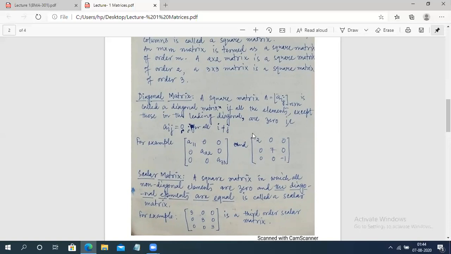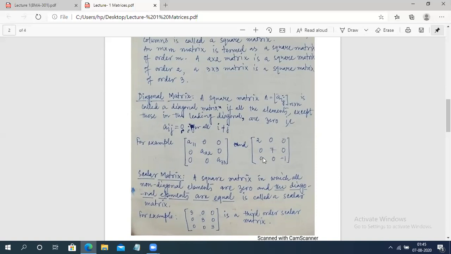So this is a diagonal matrix in which all non-diagonal elements are 0. These are called the non-diagonal elements, and this is called the principal diagonal or leading diagonal elements. Diagonal elements are considered in this way only. These are not the diagonal elements, although this is in a square matrix.